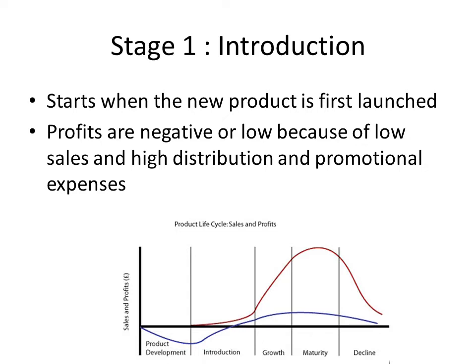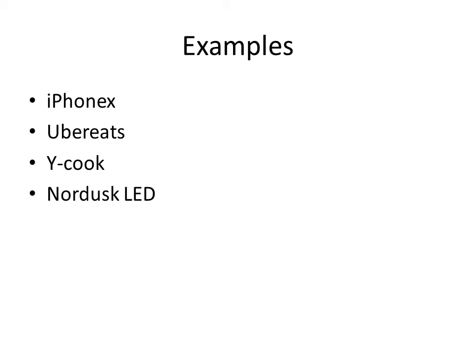Once it's launched, we begin the introduction stage. An introduction stage would typically involve high promotional expense, and you're building your distribution channels, so obviously you're spending money there. So typically profits are going to be negative or low. You can see the curve, how it goes. Examples, we saw iPhone 10 or iPhone X, Uber Eats.